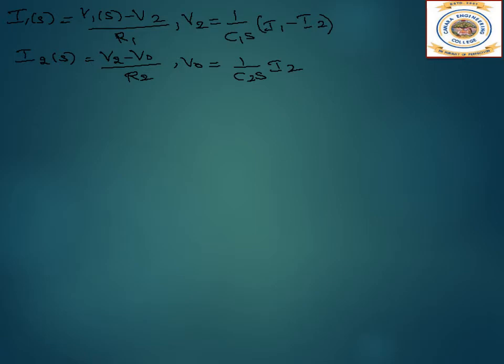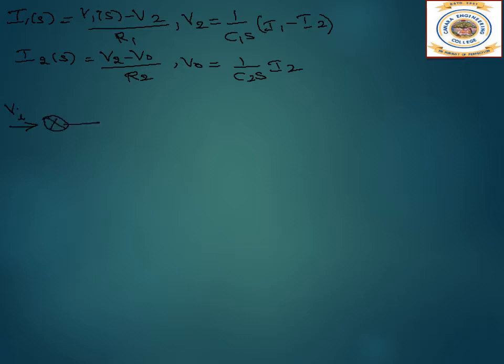I will draw it together one by one. Let us write the block diagram here. Vi is the input, so this is Vi, and we have a summation point.